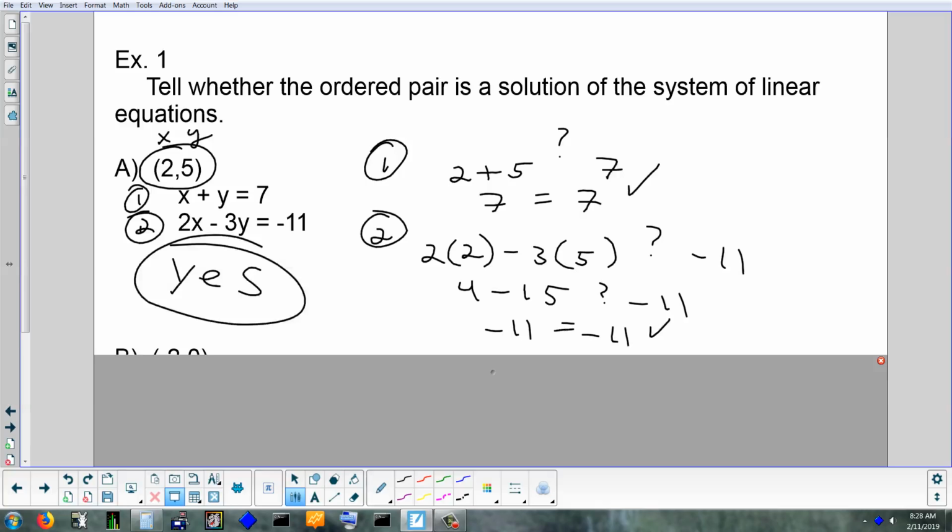Now, when we draw these, they're linear. So what shape are they going to be? Lines, right? If you have 2 lines and they're not the same, how many times can they cross each other?